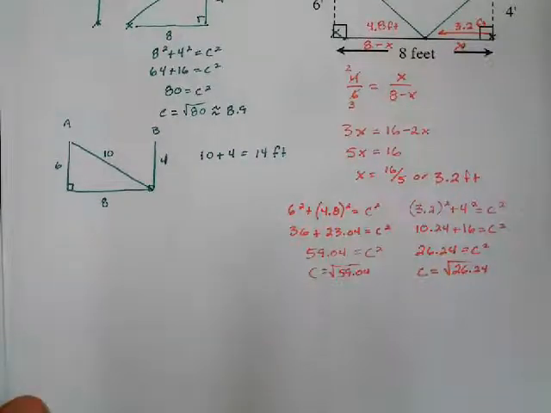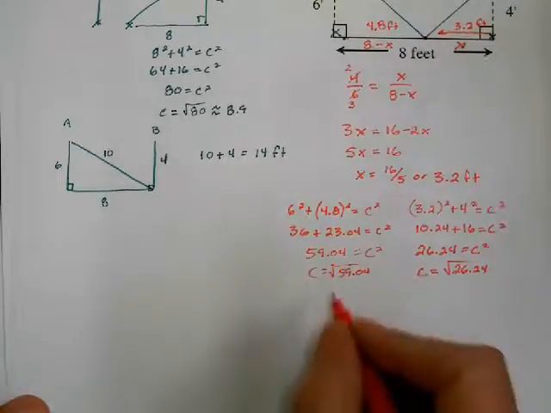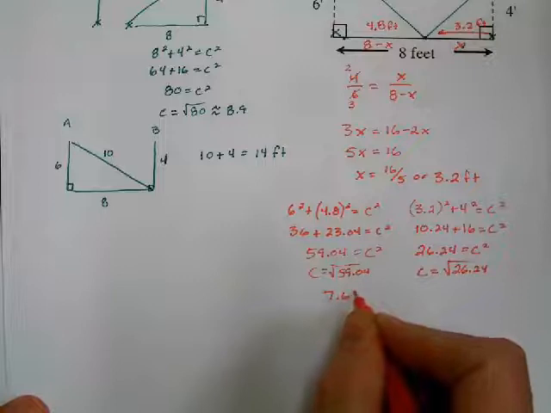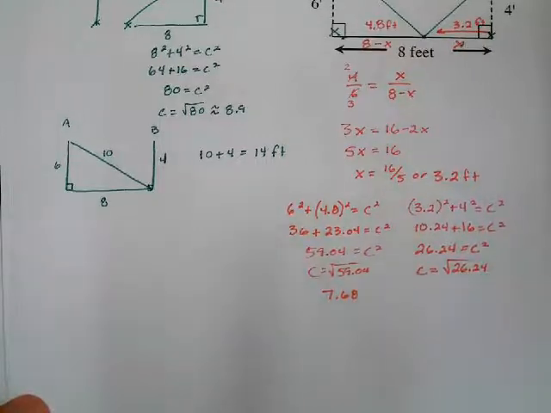So if I plug it into my calculator, 59.04, oops, forgot the square root. Dang it. So square root of 59.04 comes out to approximately 7.68. And over here, if I take the square root of 26.24, I get 5.12.